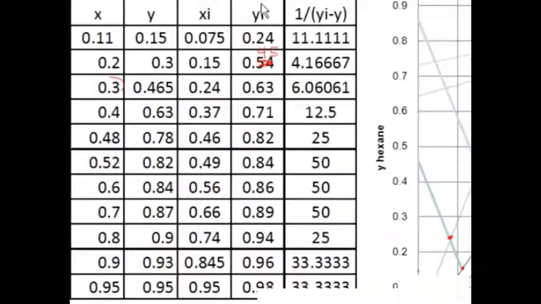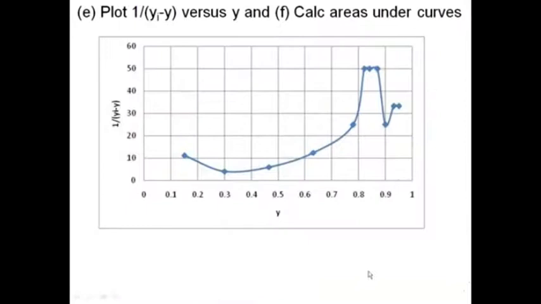So after I've tabulated all of these values and I calculate 1 over yi minus y for each, then I plot 1 over yi minus y over y. And I get this plot as seen here. Now I want to determine what the area is under this plot. So we need to determine our limits of integration.